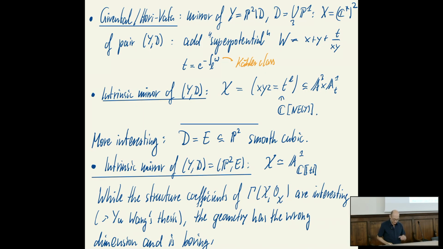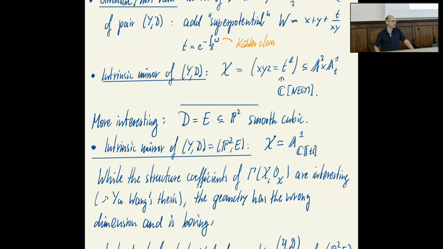More interesting is if we now smooth out this toric boundary and replace it by an elliptic curve. That's something where classically it's not known what the mirror is. So what do we get as intrinsic mirror? Oops, that's not so good, because that is one of the cases where we don't have a zero-dimensional stratum. So we actually get a one-dimensional mirror rather than a two-dimensional one. And there are not so many one-dimensional affine rings you can write down, it's just a polynomial ring in one variable.